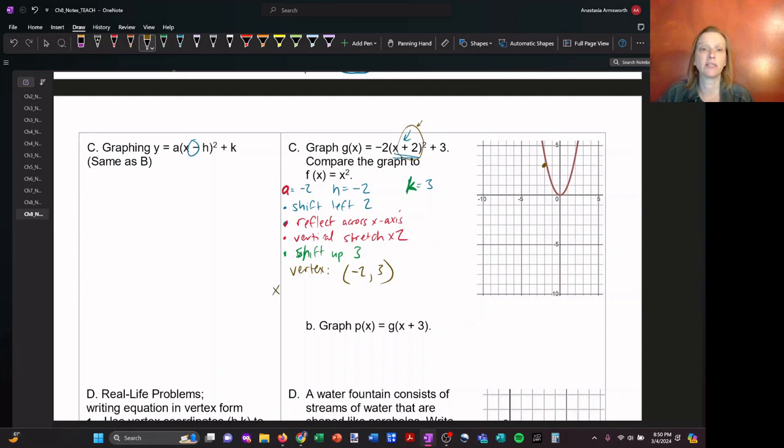And now that I know where the vertex is, I can make a table of input-output values centered on that vertex value. I'll test a few points to the left and a few points to the right. I'll test -3 and -4 over here, and I'll test -1 and 0 over here.